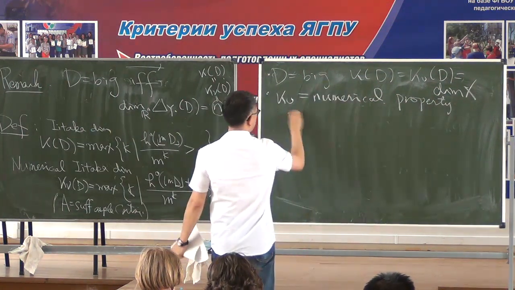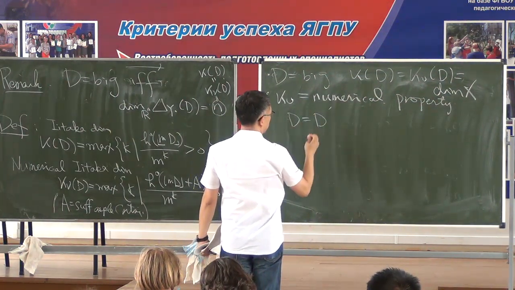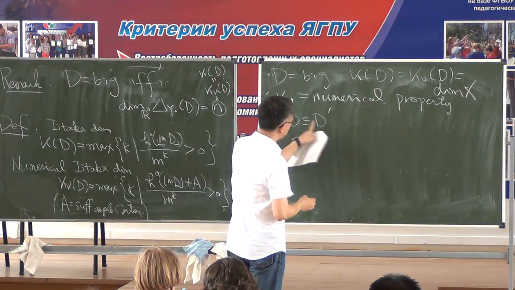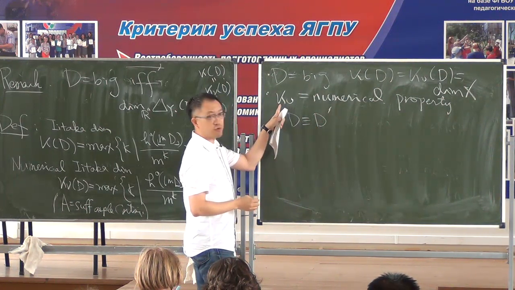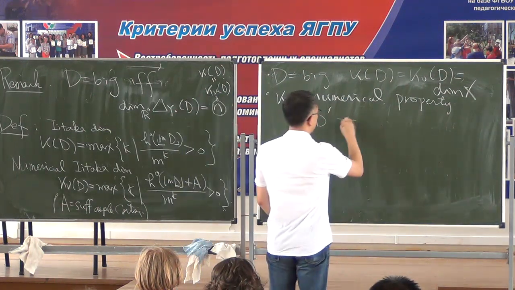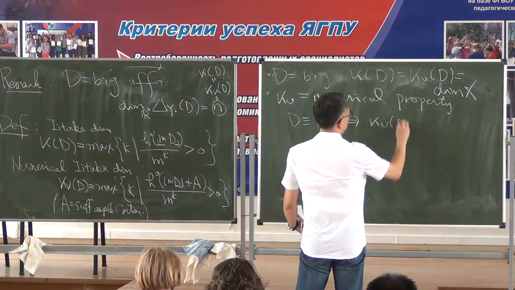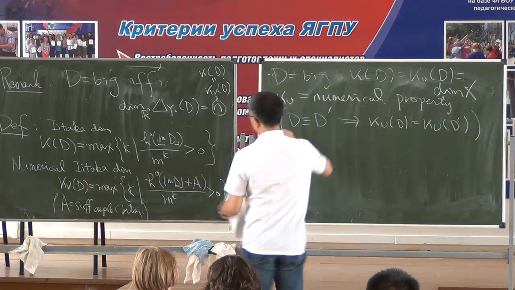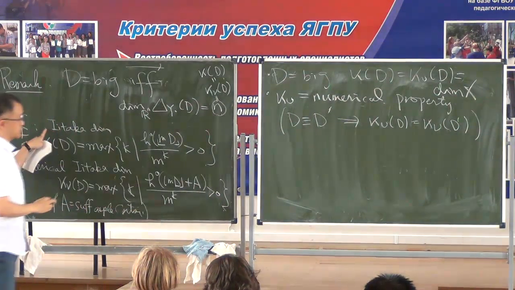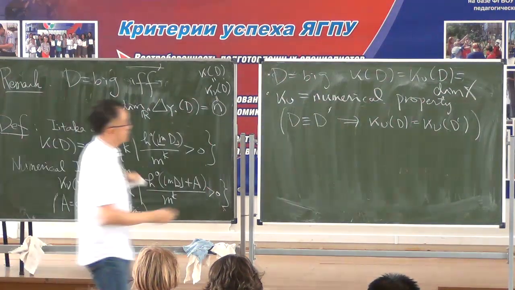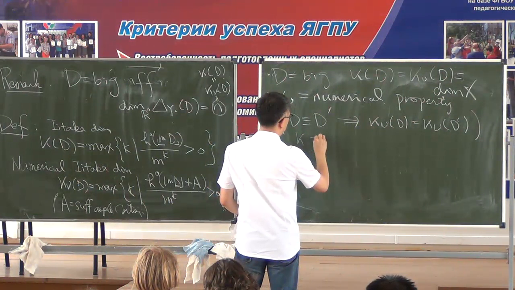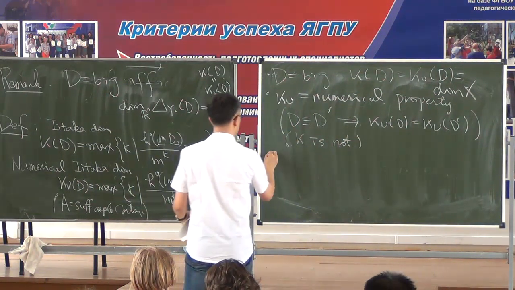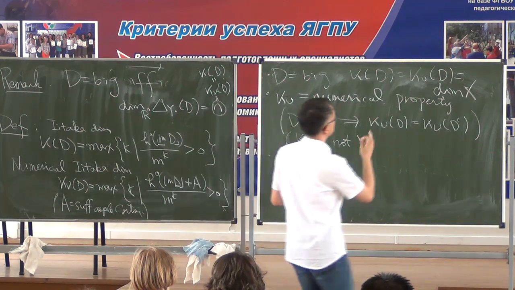This means that if you have two numerically equivalent divisors, then you get the same numerical dimension. But actually, this is not numerical. And of course, which is bigger?